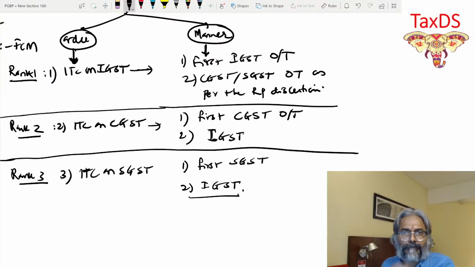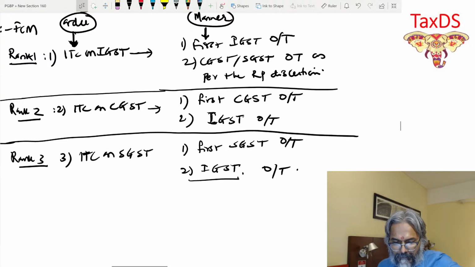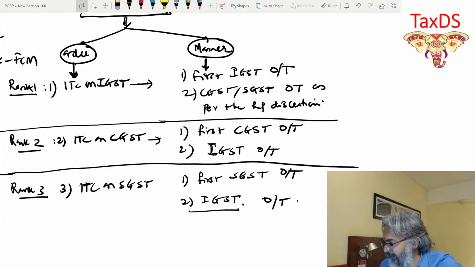Is that point clear to all of you? So SGST OT, these are all OT, students. Very important point, students. This is a very important area.